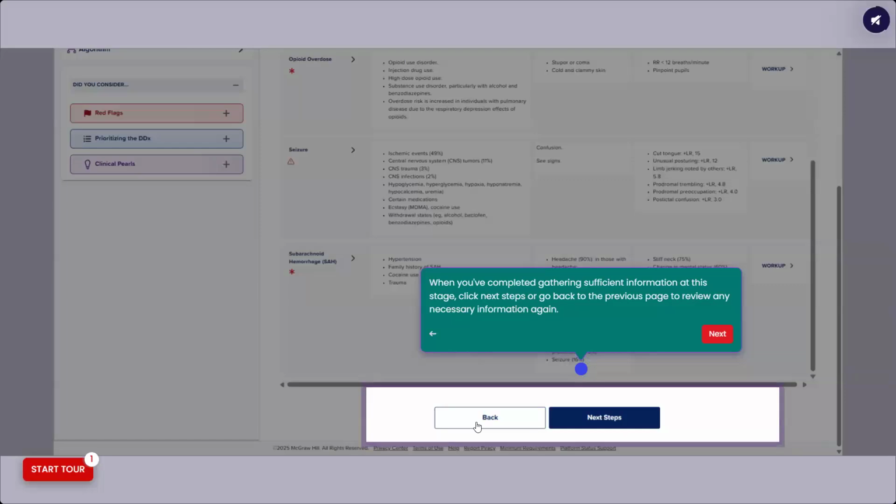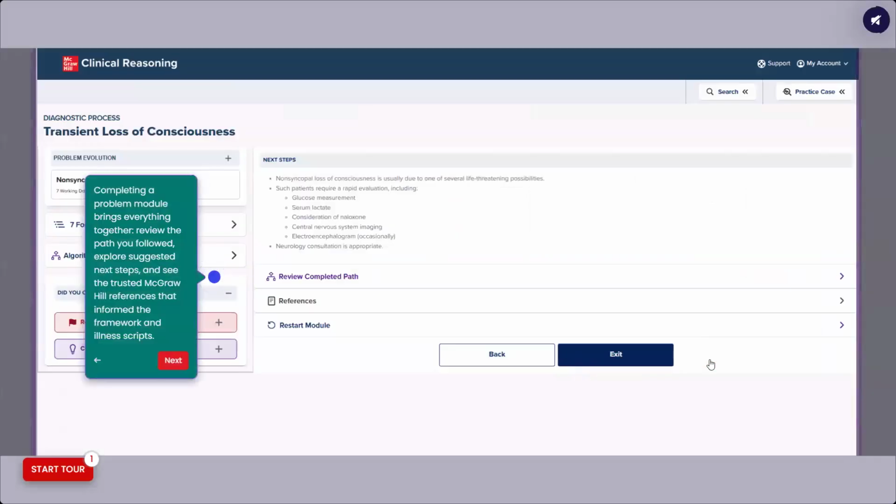And then once we've completed looking at these differentials and the information related, at this stage, we can click next steps. And this is where we complete the problem module by bringing everything together.